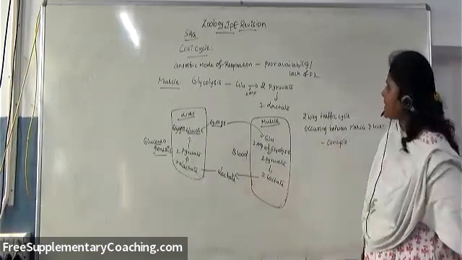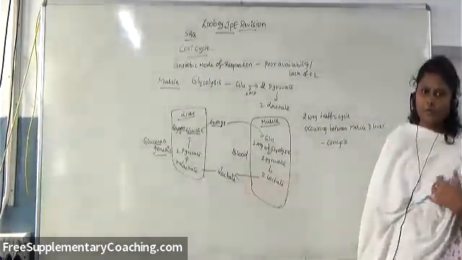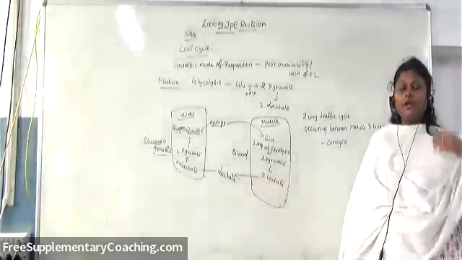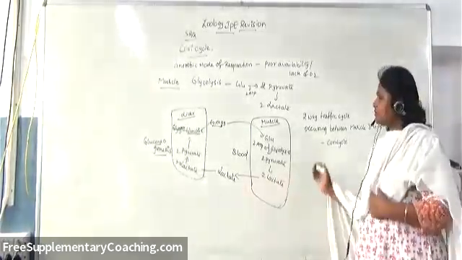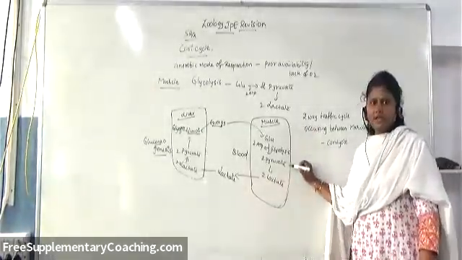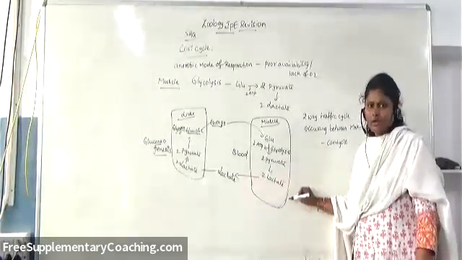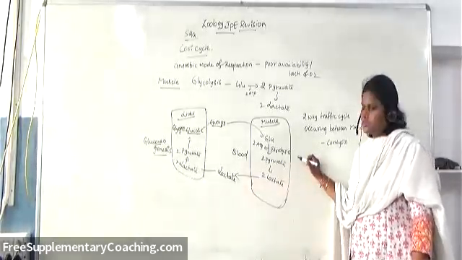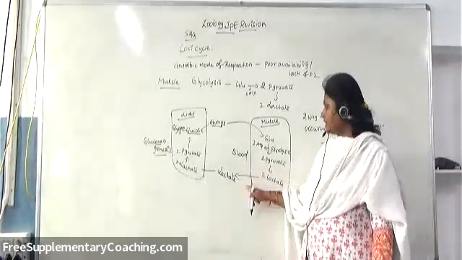So what is happening in the Cori cycle? When the muscle is undergoing anaerobic respiration, as it needs a continuous supply of energy and oxygen availability is very poor, glucose through glycolysis gets converted into pyruvate, and pyruvate gets converted into lactate. Very small amounts of lactate will be converted into glucose in muscle, and most of the lactate enters the blood.